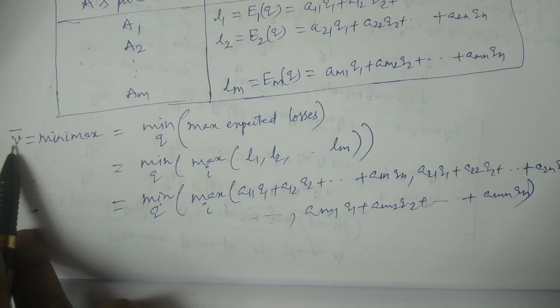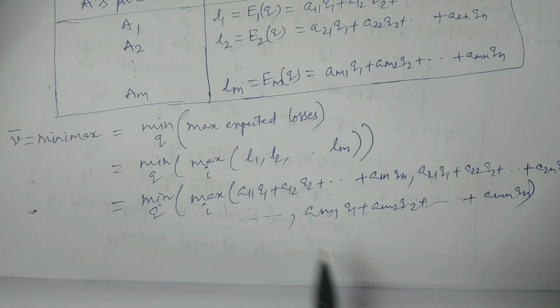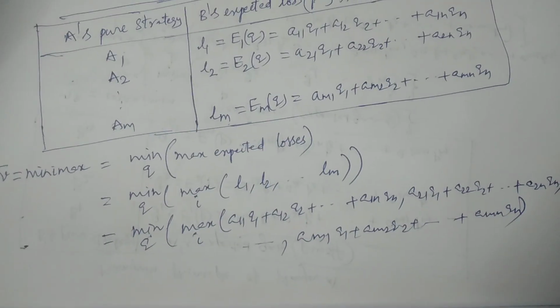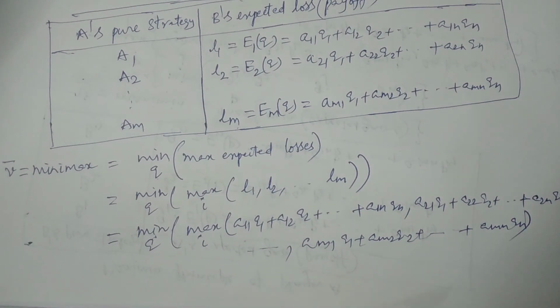The minimax value, mu upper score, is identified with the help of mixed strategies, which means in terms of probabilities.